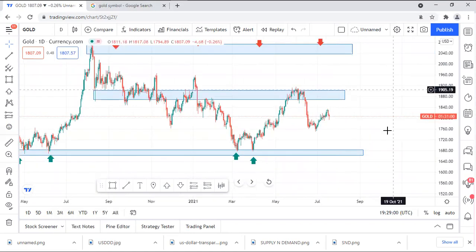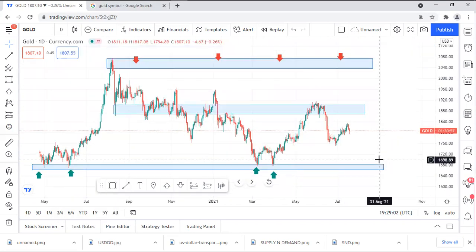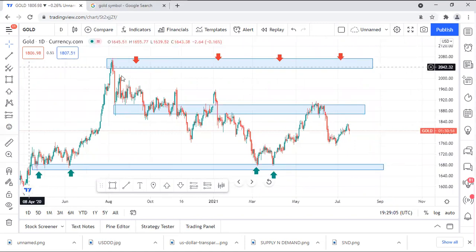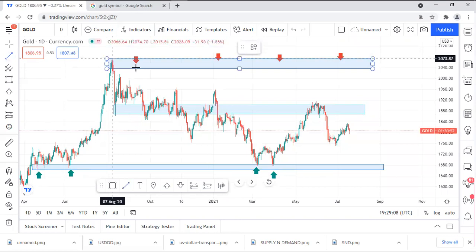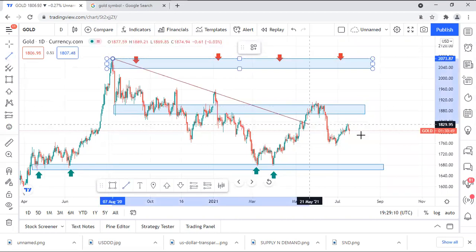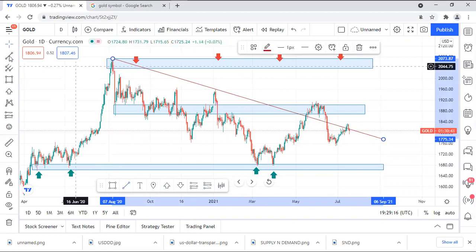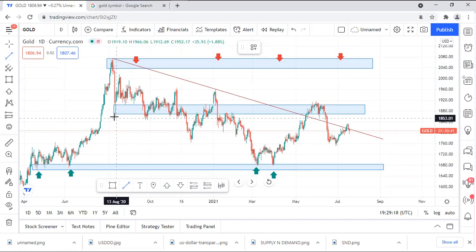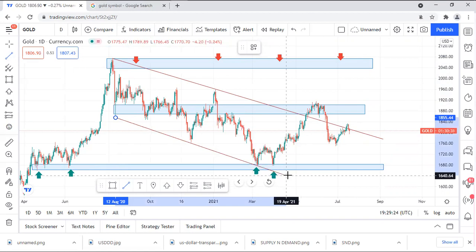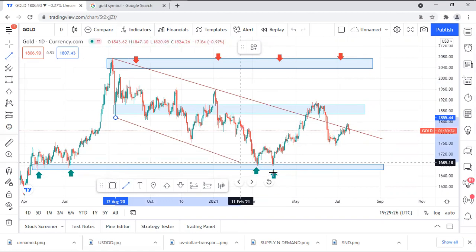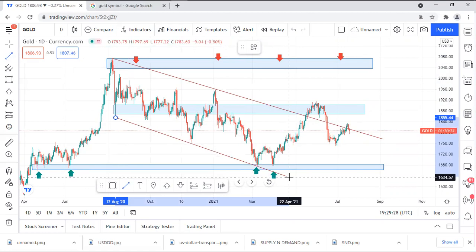Right. As you can see, these are horizontal supply and demand, and you can plot your trend lines then. You can plot your trend lines like this. Right. So like we said, we believe in 2 touches to make a trend line. 2 touches make a trend line.